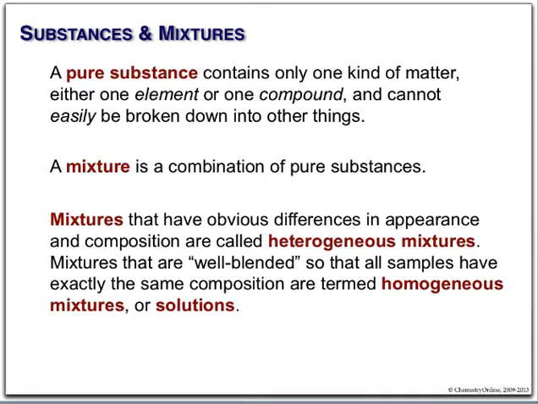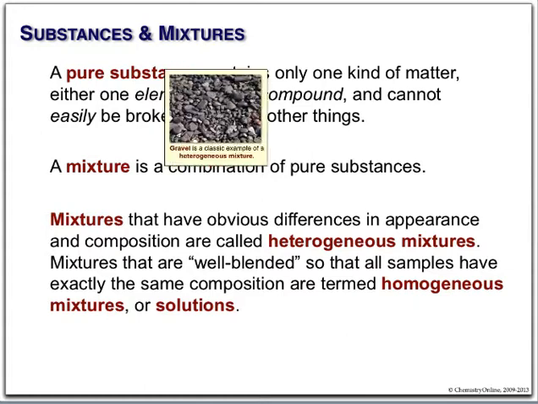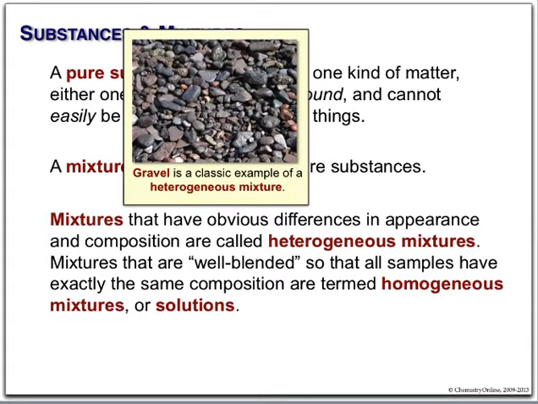If we combine two or more of these, we get a mixture. Now, mixtures come in two forms, heterogeneous and homogeneous. In a heterogeneous mixture such as gravel, if you take a sample from anywhere within our little picture here, you get a different assortment of rocks.